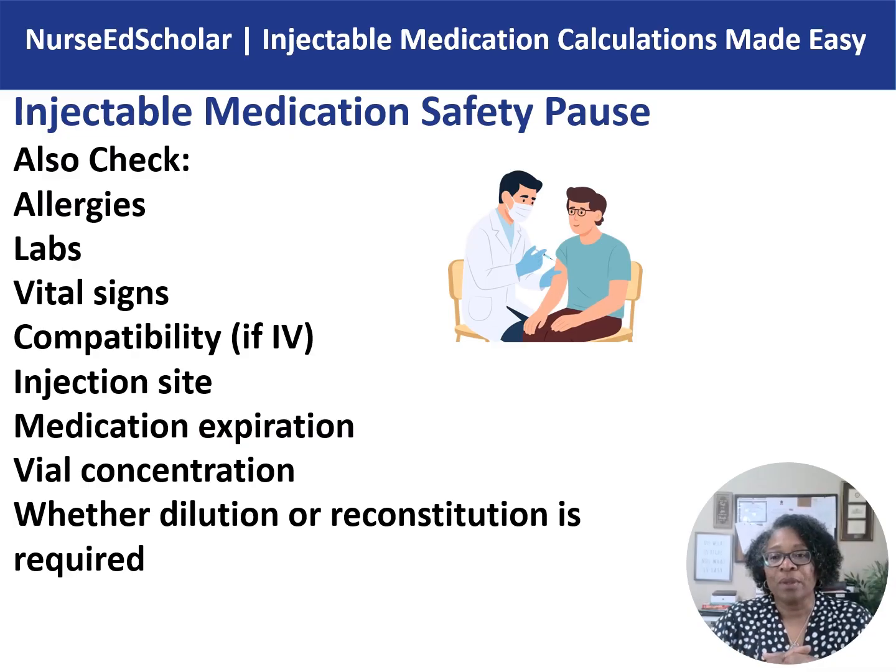You're going to make sure that the medicines aren't expired and so forth. One thing I haven't talked about, and I'm not going to spend too much time on, is that you only use a needle or a syringe one time, because you want to prevent contamination. So hopefully you know that already. Okay, let's keep going with some dosage calculations.